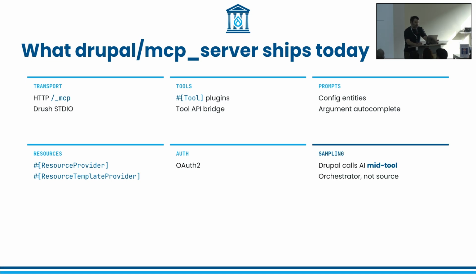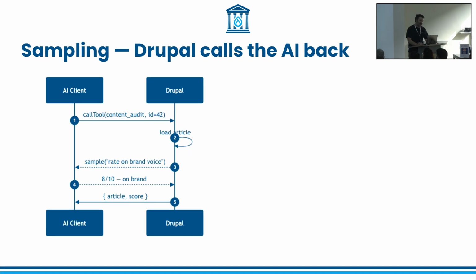And there is also sampling, which I need to go over because it's an interesting feature of MCP. How many of you know what sampling is? Okay, so it will be interesting. So what is sampling? In the normal flow, when someone uses an MCP server, the MCP server is just used as a tool caller.